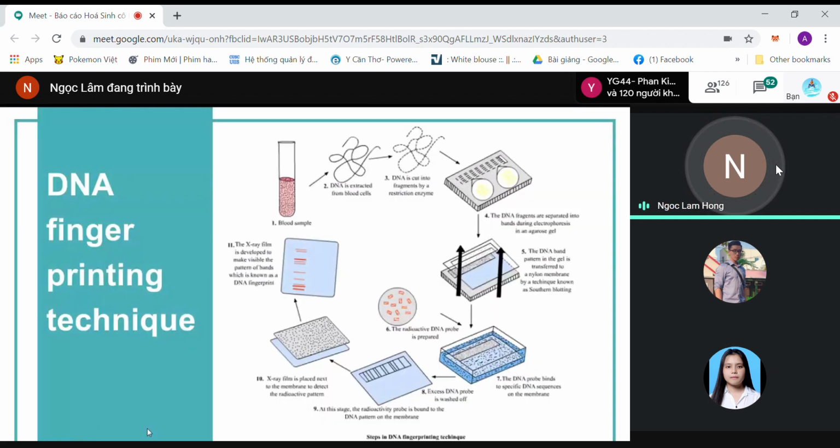And as you know before, this is what makes DNA fingerprinting a useful tool. It allows us to identify an individual from biological samples. It's called fingerprinting.